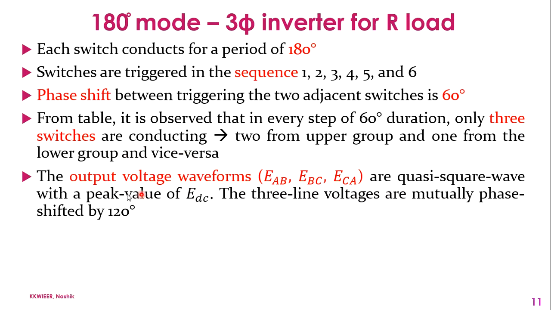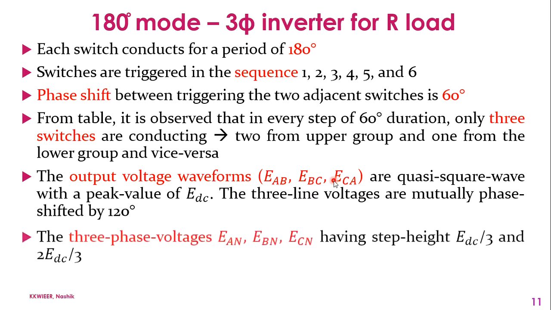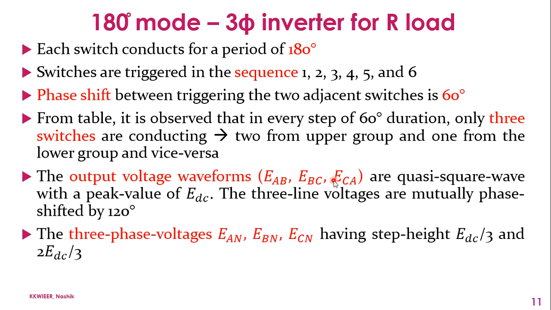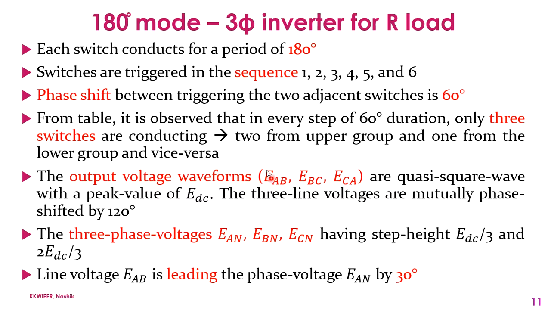These three line voltages are mutually phase shifted by 120 degree, whereas the phase voltages EAN, EBN and ECN have step heights of EDC by 3 and 2 EDC by 3. The line voltage EAB is leading the phase voltage EAN by 30 degree.